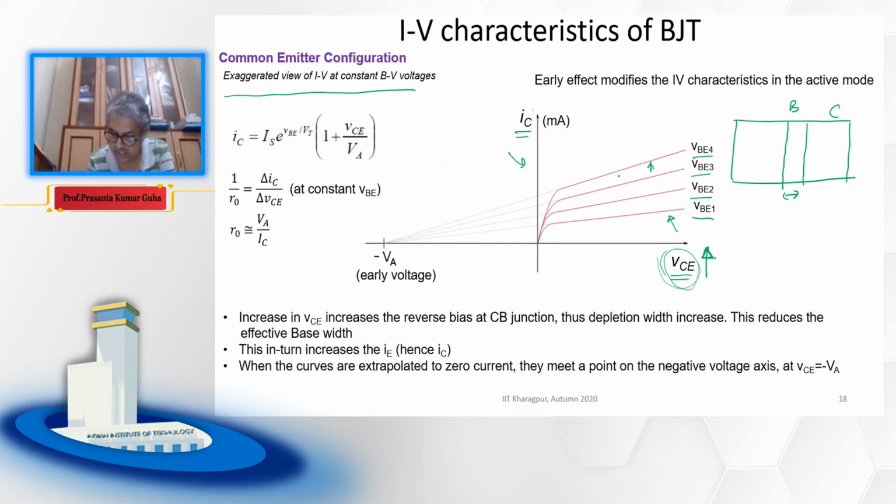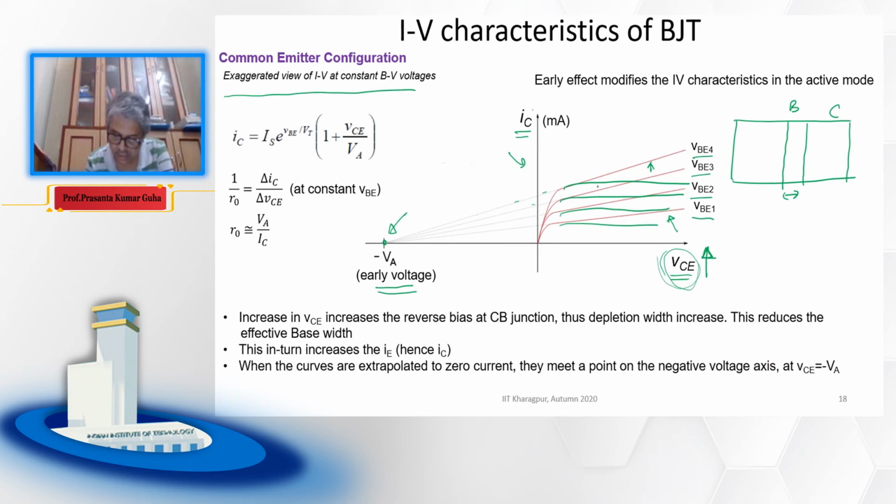So you see IC is not exactly flat, rather it is a little bit tilted, and if you extrapolate this tilt, it will ultimately converge to a voltage, which is known as the early voltage, usually represented as minus VA.